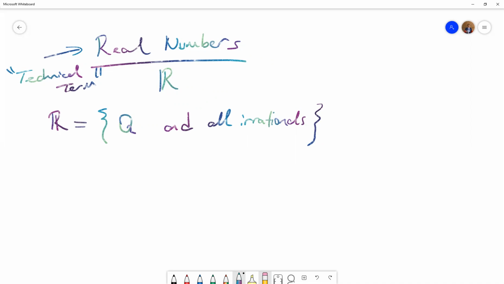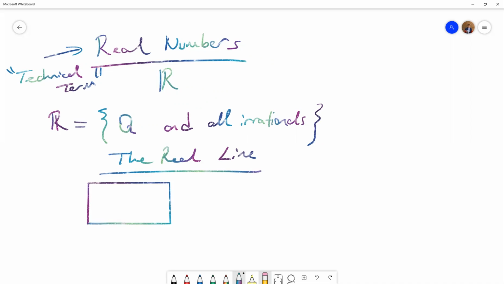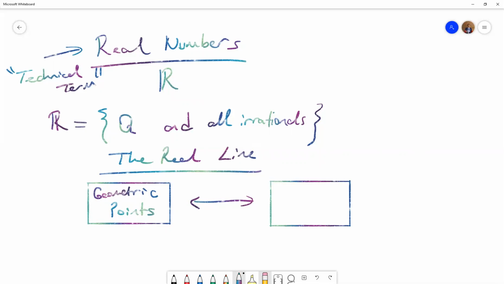So we can also write the real line. We use geometric points and real numbers.